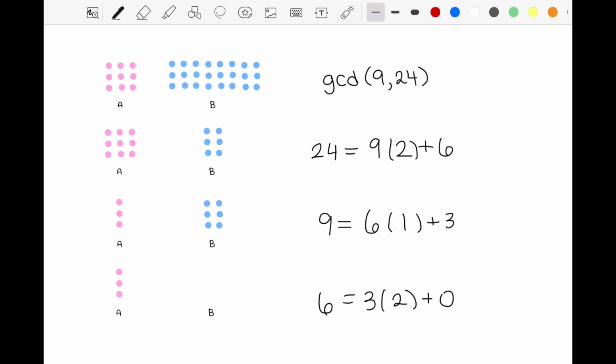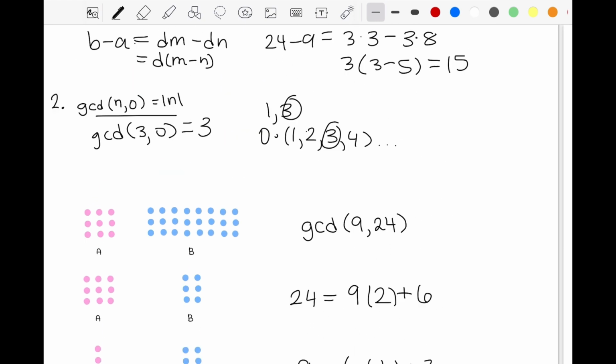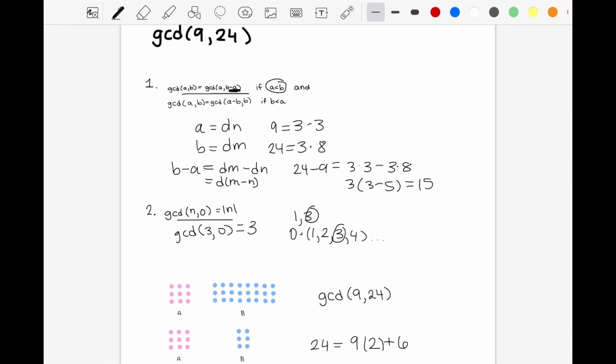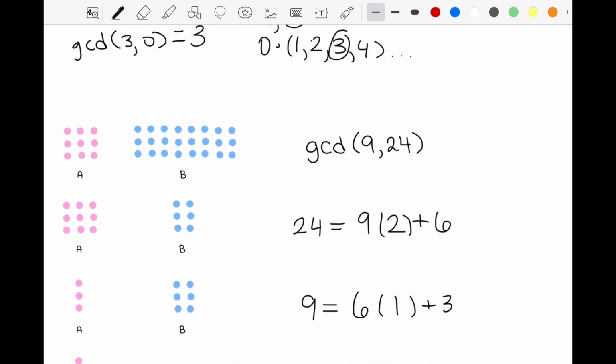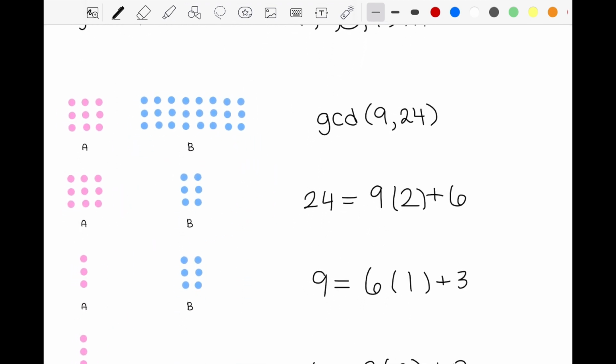And essentially you're thinking about rule number 1, where you can subtract groups from each other and still have the same GCD. So I'm going to look at the bigger value and subtract the smaller group from it. Where are the common patterns of A and B? 9 shows up there twice, so I'm going to subtract that and we're just going to do our remainder.